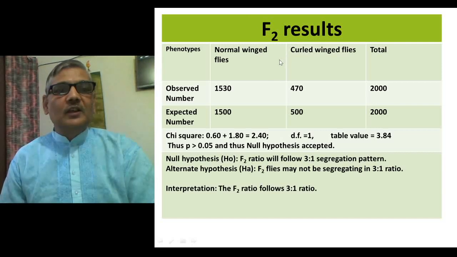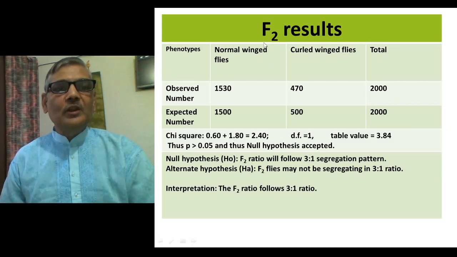Here suppose you have performed an experiment. In this table I am showing data of F2. So you actually performed the experiment. You crossed parental flies as I just told. Then you got F1 flies. You allowed F1 flies to mate with each other. And in F2, suppose you get this result.